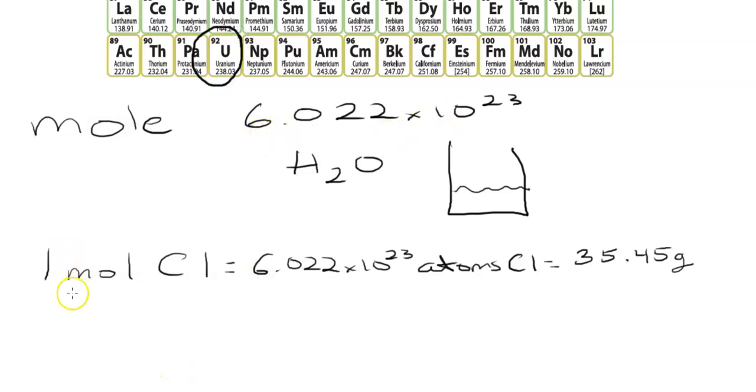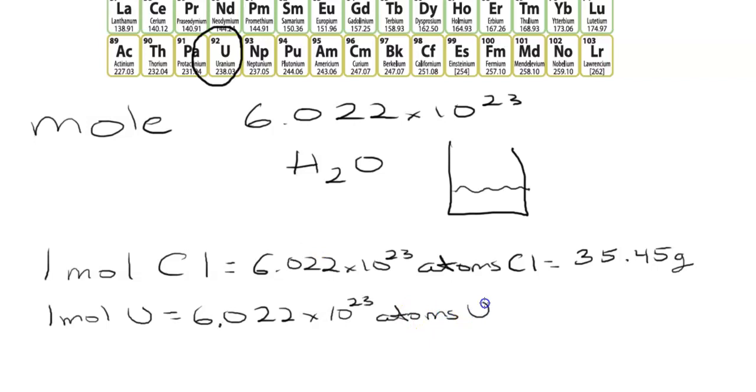If we use, I don't know, uranium right here, number 92, right? If I have 1 mole of uranium, that means I have 6.022 times 10 to the 23rd atoms of uranium, which means if I counted them out and put them on a scale, it would weigh 238.03 grams.